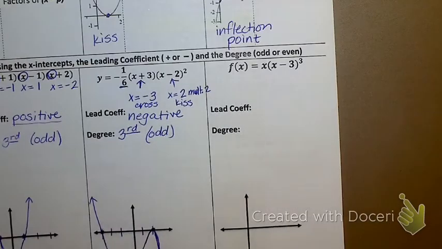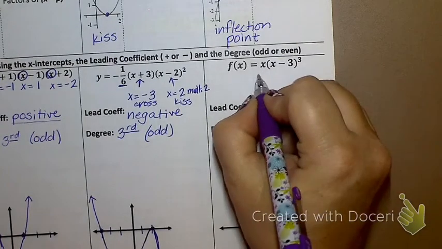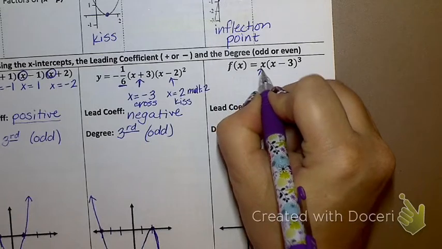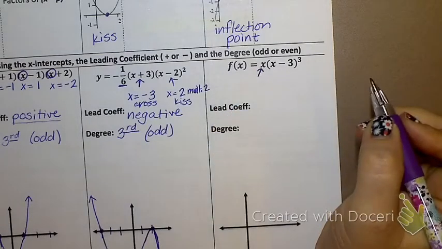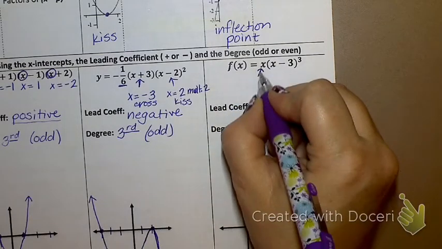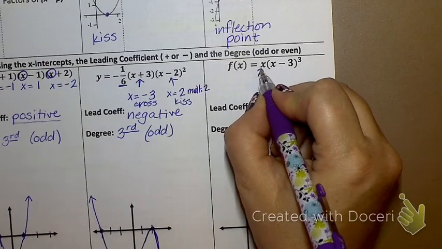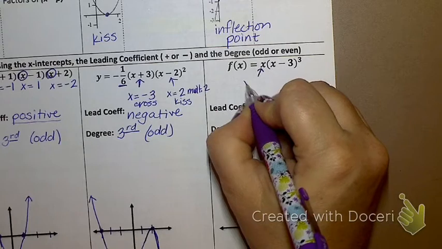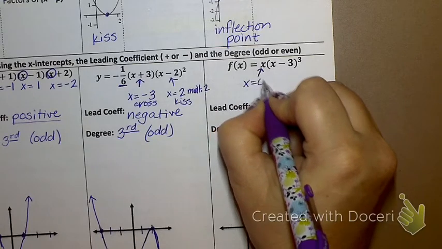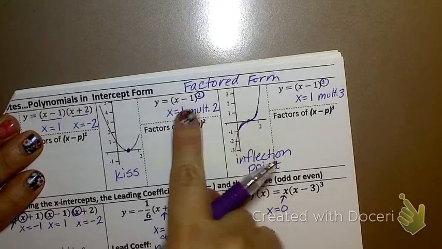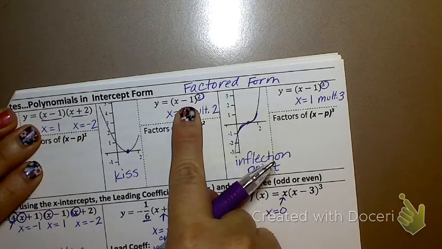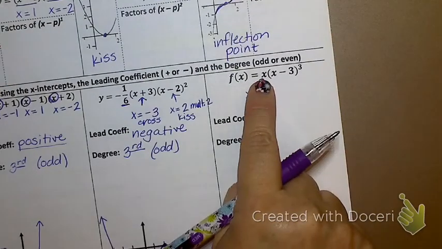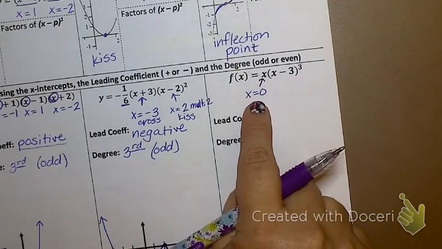All right, let's look at this guy. What is my 0 from there? There's a letter outside. There's an X outside, which means there's a 0 there. Does anyone know what it is? It's x equals 0. It's not going to be 1. If it was 1, it would have to have a parentheses with a 1 in it. But since there's nothing in it, you just set it equal to 0.